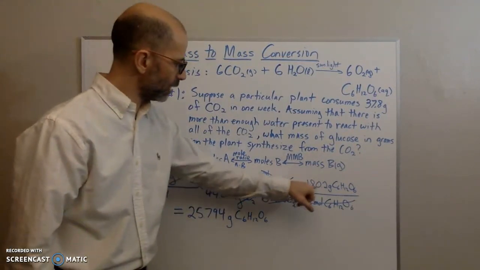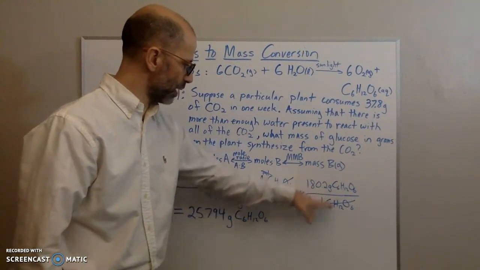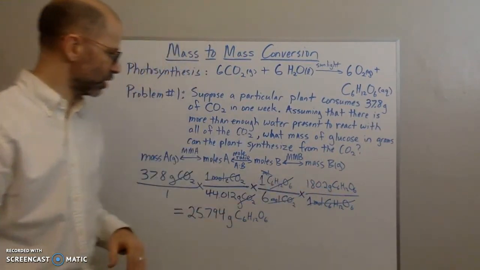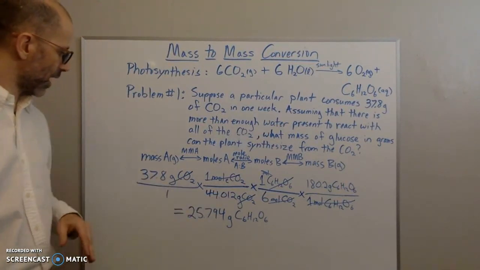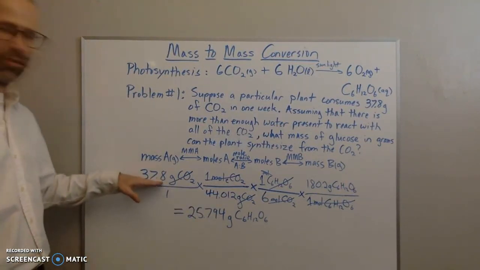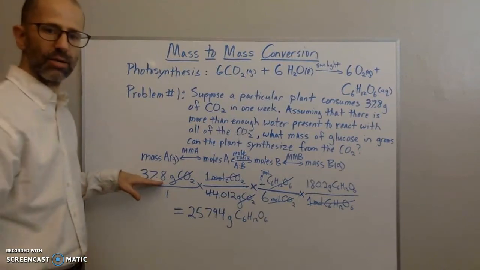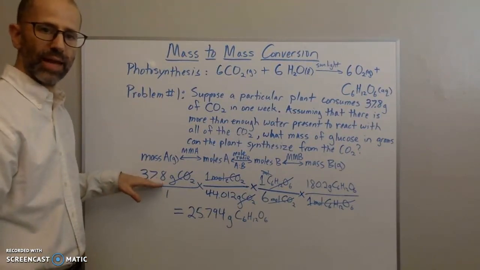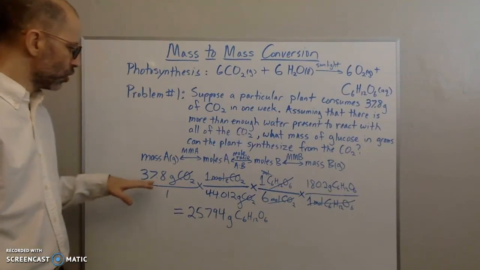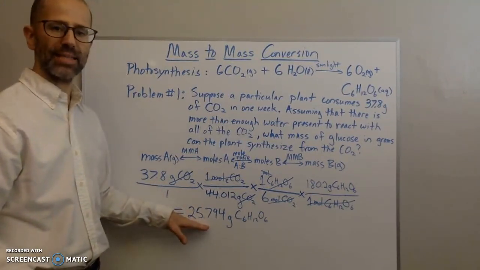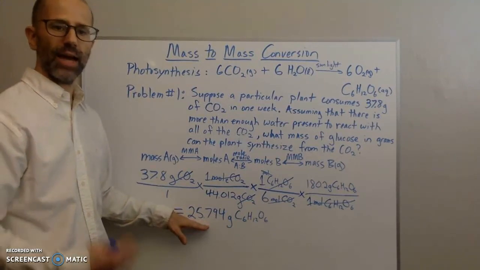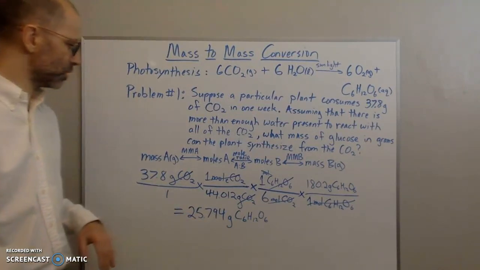The 180.2, that's my molar mass, so I need to pay attention to that. And this number is a mass in grams that they gave me, and that is also a measure. So my answer can only have the same number as the least number of sig figs that are given in the measures that I'm using in my calculation.